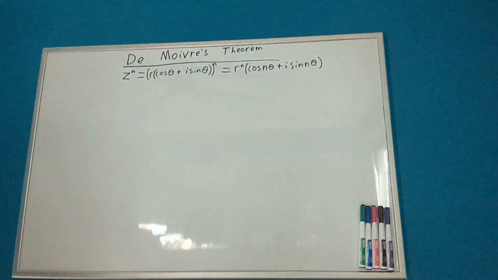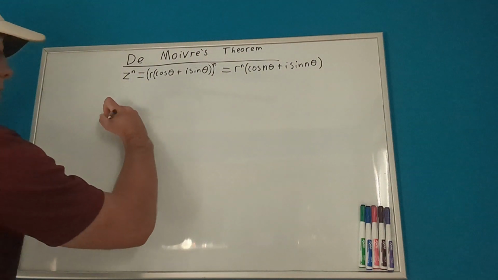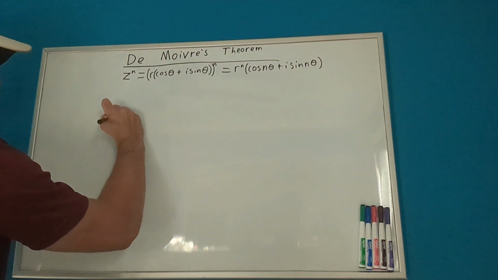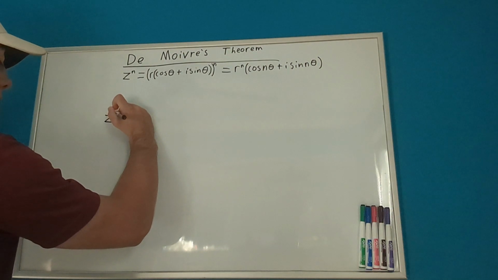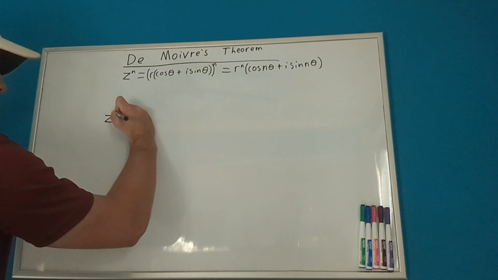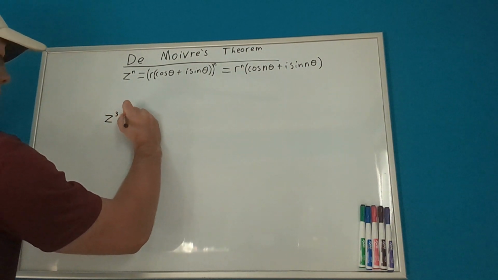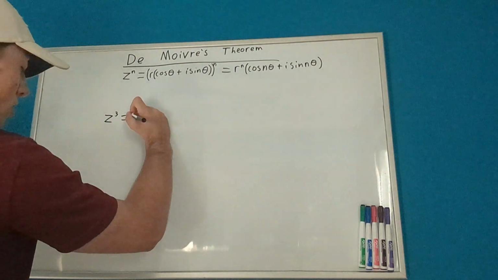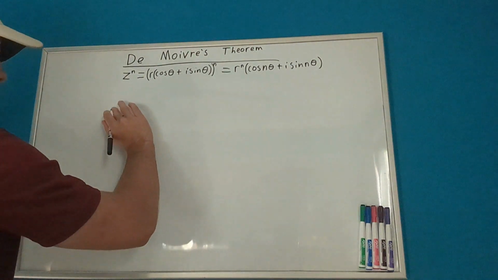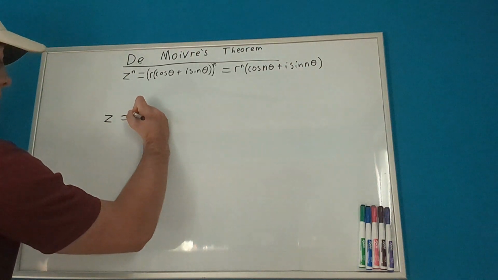Let's say we have some complex number, and let's say we're cubing it. Let's say z equals the complex number.